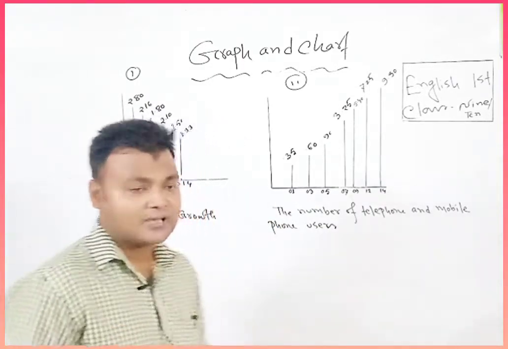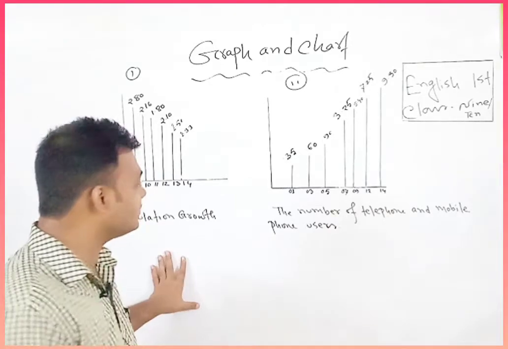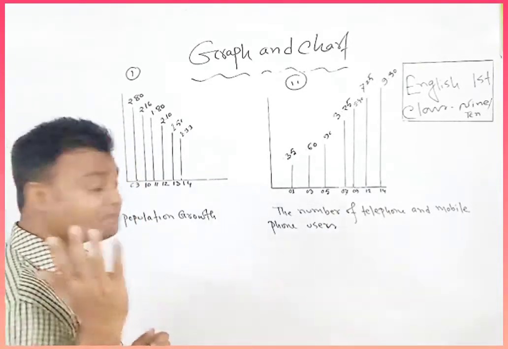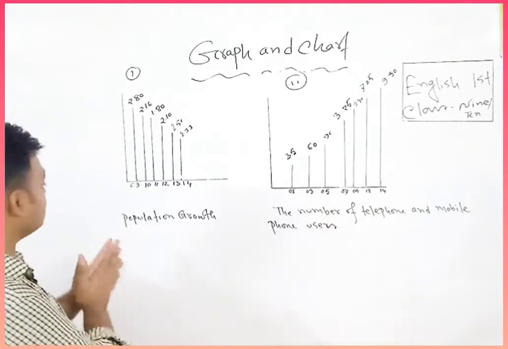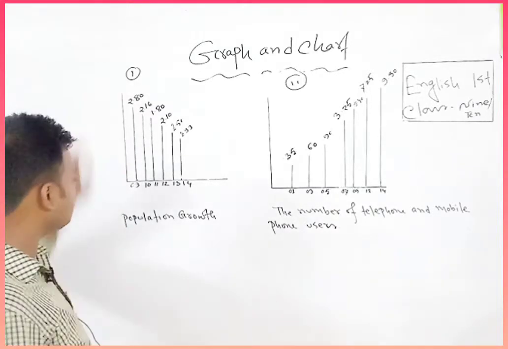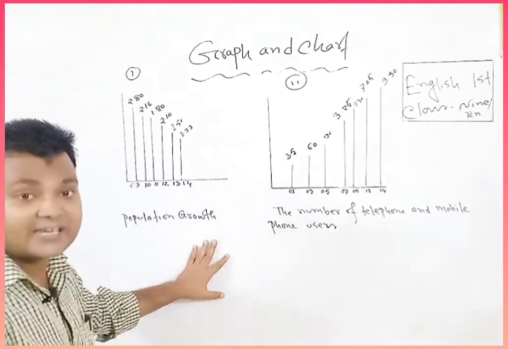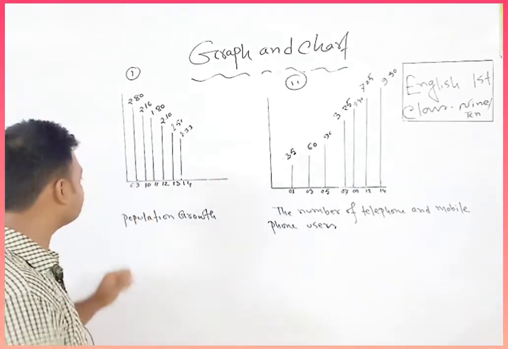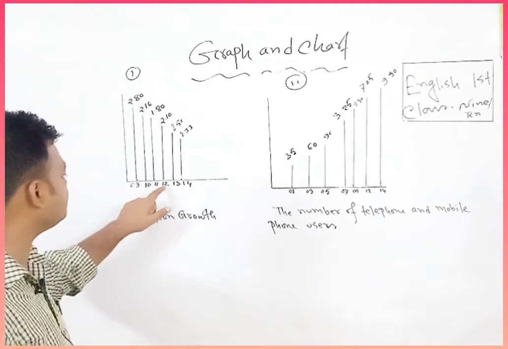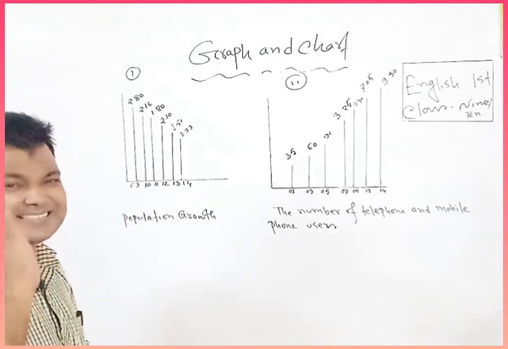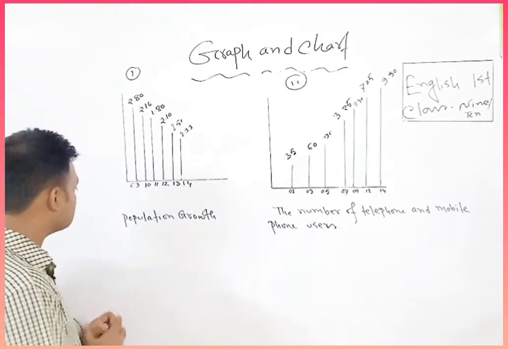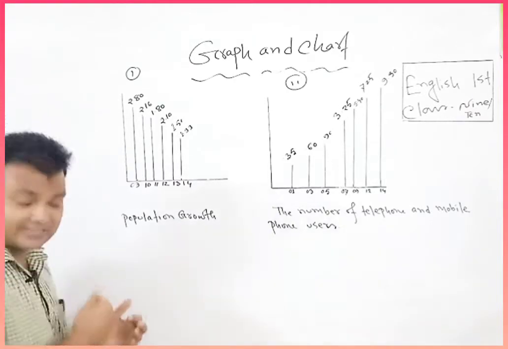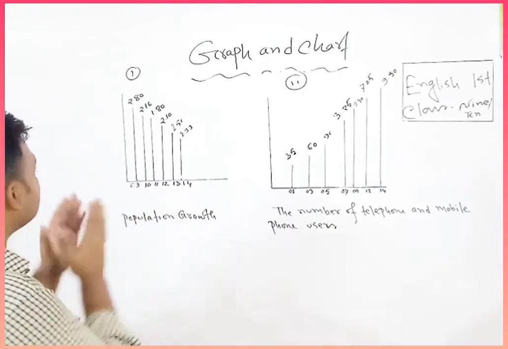So today I will discuss with you a number of graphs and charts. At the very beginning of my class, I would like to share number one, population growth rate in Bangladesh. Dear student, please notice that here are 1, 2, 3, 4, 5, 6 years. When we start our writing, we should write from this graph.